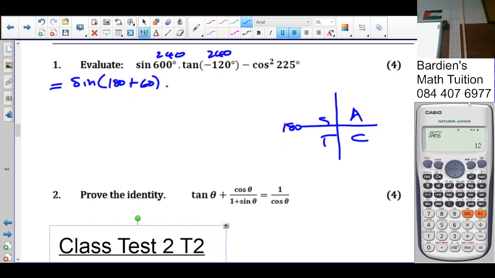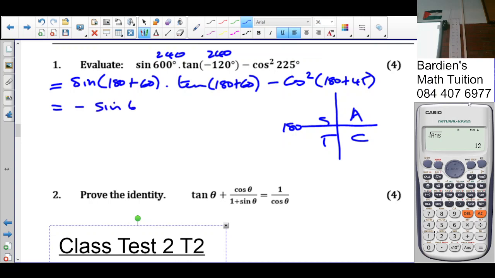So it's tan of 240, same story, 180 plus 60. Minus cos squared of 225, third quadrant, which is 180 plus 45. In the third quadrant, sine is negative, so it's negative sine 60.